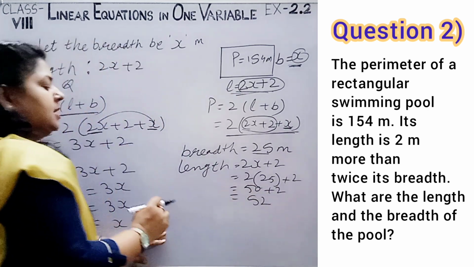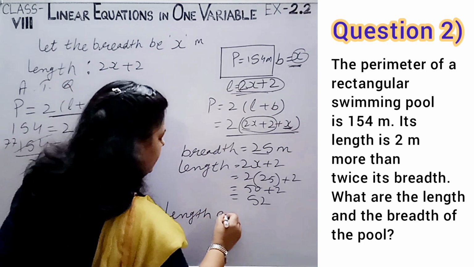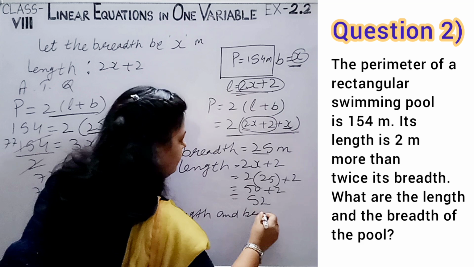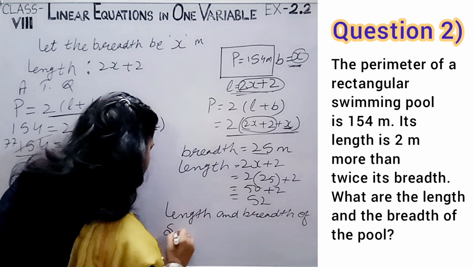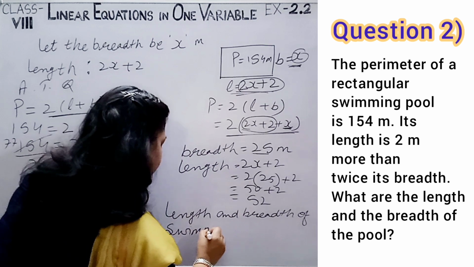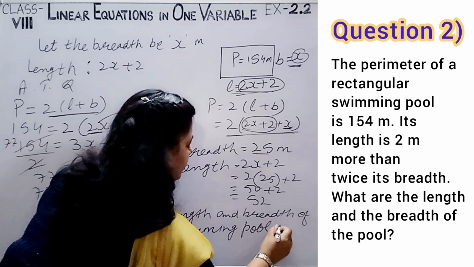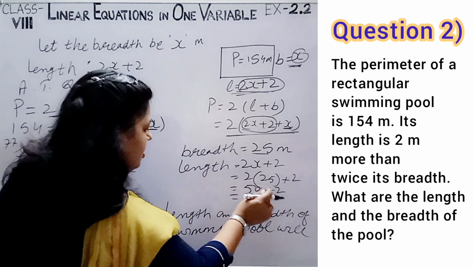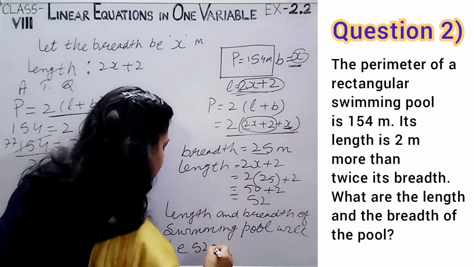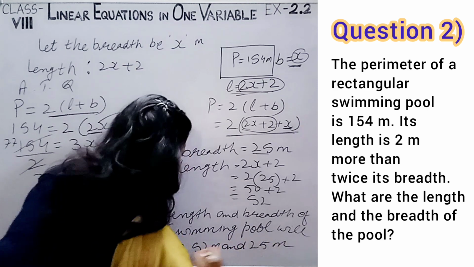It means the length and breadth of the swimming pool will be 52 meter and 25 meter respectively.